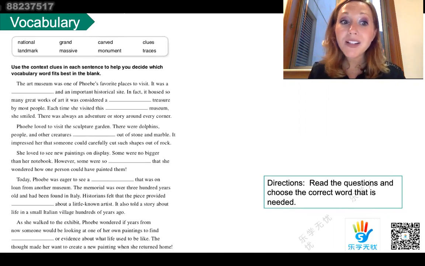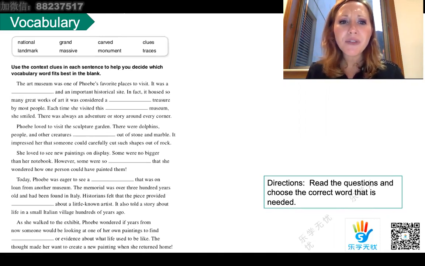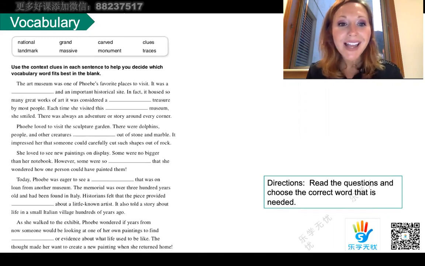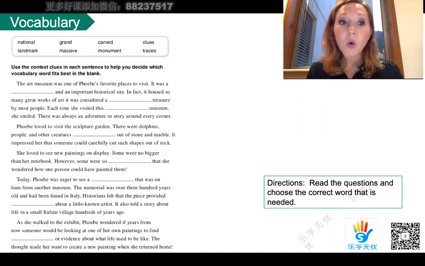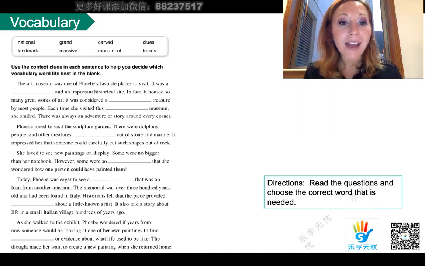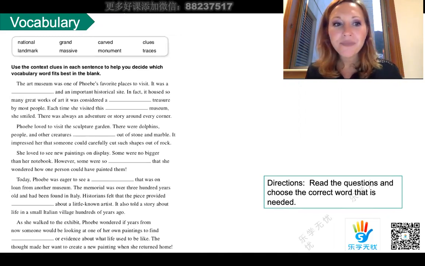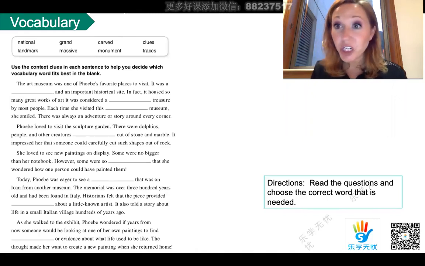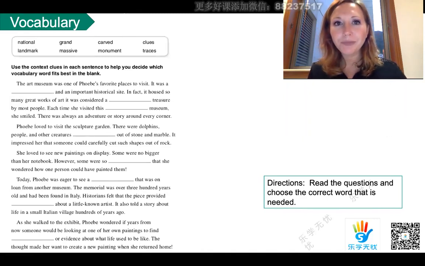As she walked to the exhibit, Phoebe wondered if years from now someone would be looking at one of her own paintings to find or evidence about what life used to be like. The thought made her want to create a new painting when she returned home.